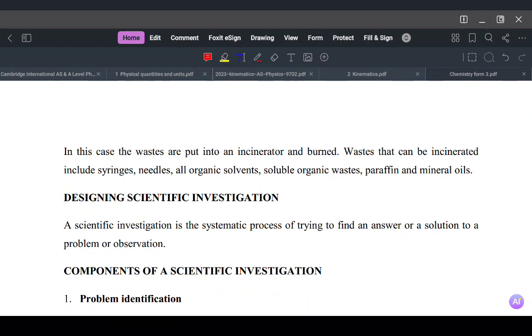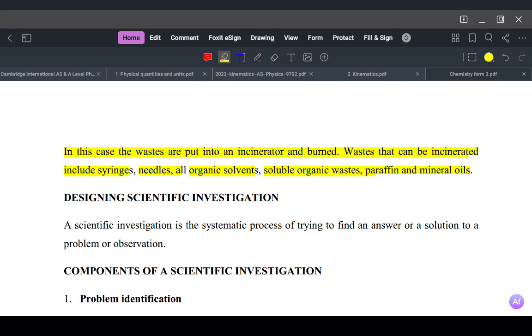So waste that can be incinerated include syringes, needles, organic solvents, soluble organic waste, paraffin, and mineral oils. All these can be burned in a process called incineration.